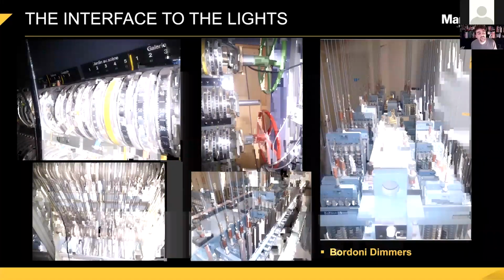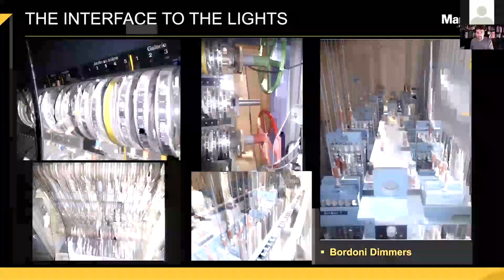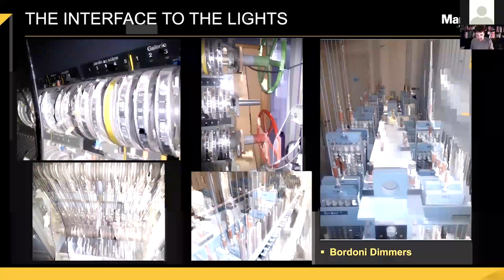To give you an example of what you can do if you have the money and the inclination. This is an installation which was, until very recently, not in use, but still installed in a theatre in Lausanne in Switzerland. So this is a Bordoni dimmer system. So in a control room, on the left, you have the faders, like you've always had. You have the crank handles, like you've always had.